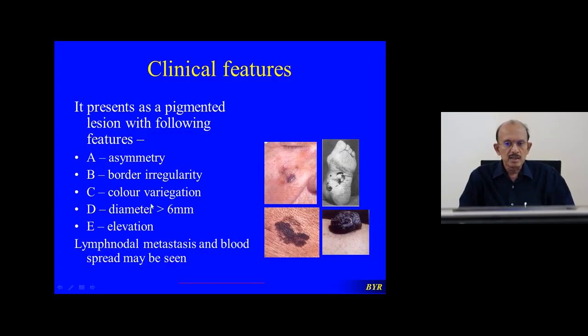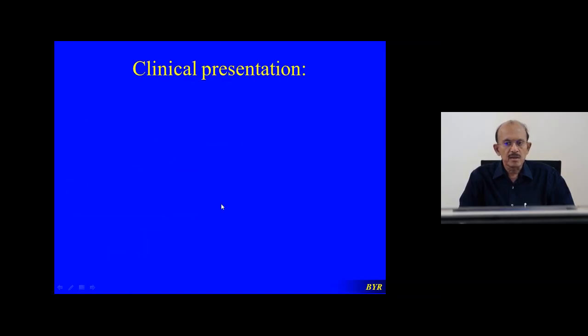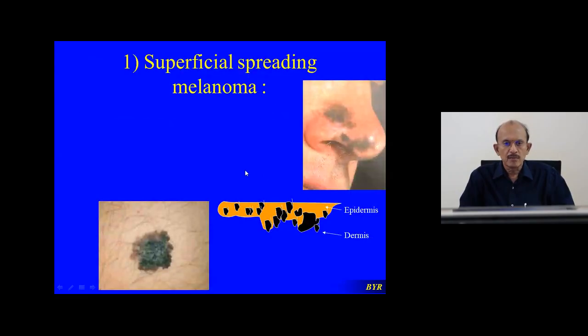Diameter more than 6 millimeters, elevation. So when these findings are there, you must strongly suspect malignancy for a pigmented lesion. Lymph nodal metastasis and blood spread may be seen. It may present as one of the following types. So, the clinical types of malignant melanoma.